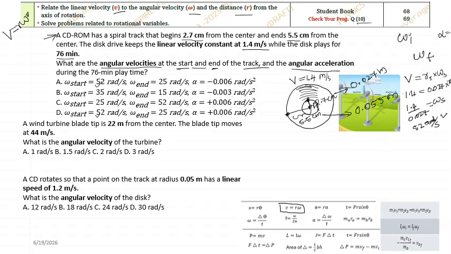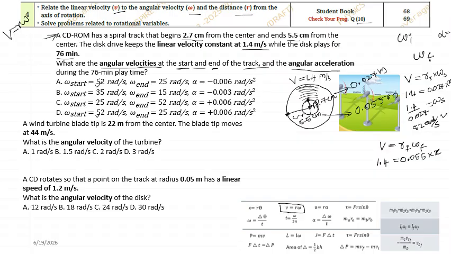What is the final angular velocity? V is equal to r final into omega final. So v will not change, it's 1.4, and r will become 0.055 into x.